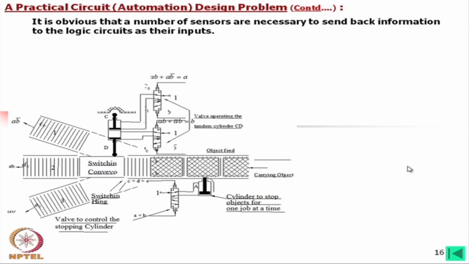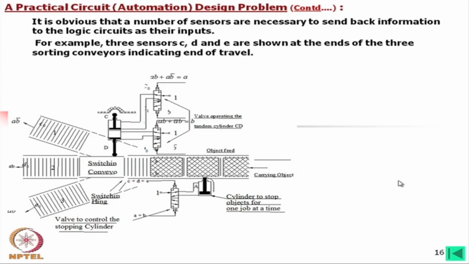It is obvious that a number of sensors are necessary to send back information to the logic circuits as their inputs. For example, 3 sensors C, D, E are shown at the ends of 3 sorting conveyors, indicating end of travel.